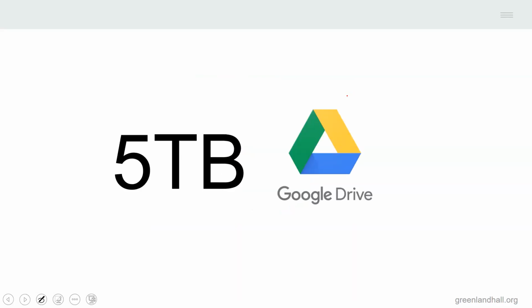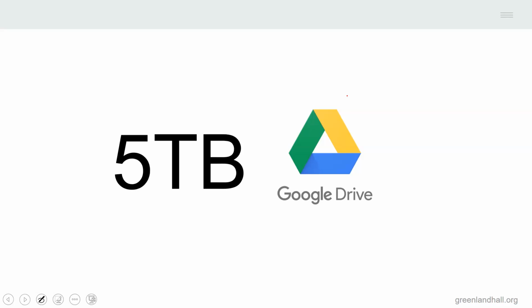And on the Google Drive also, you can store pictures, you can store music files, you can store anything. You have up to about 5 terabytes of storage. I mean, this is enough storage for anybody for a lifetime, because it's a lot to store.